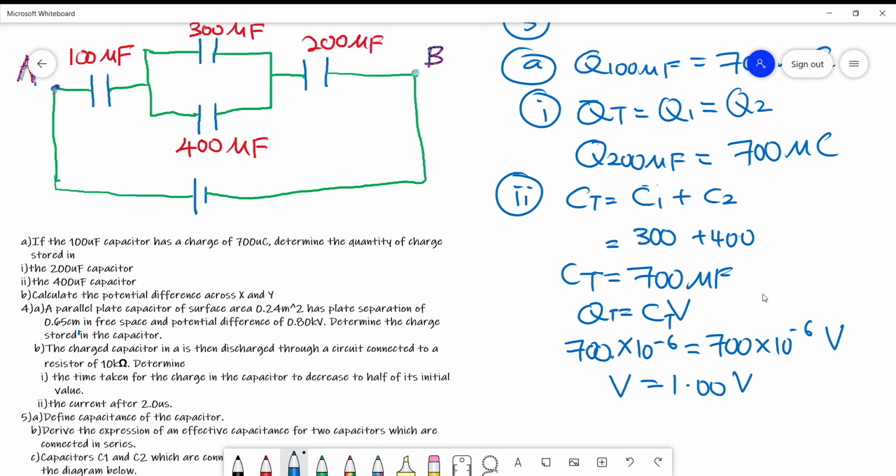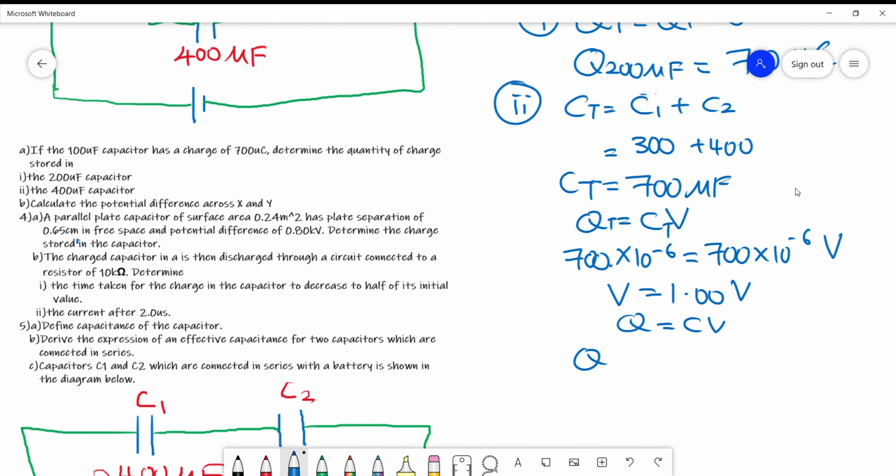I got the answer for the potential difference, 1 volt. Basically the question is asking for the charge, so Q equals CV.